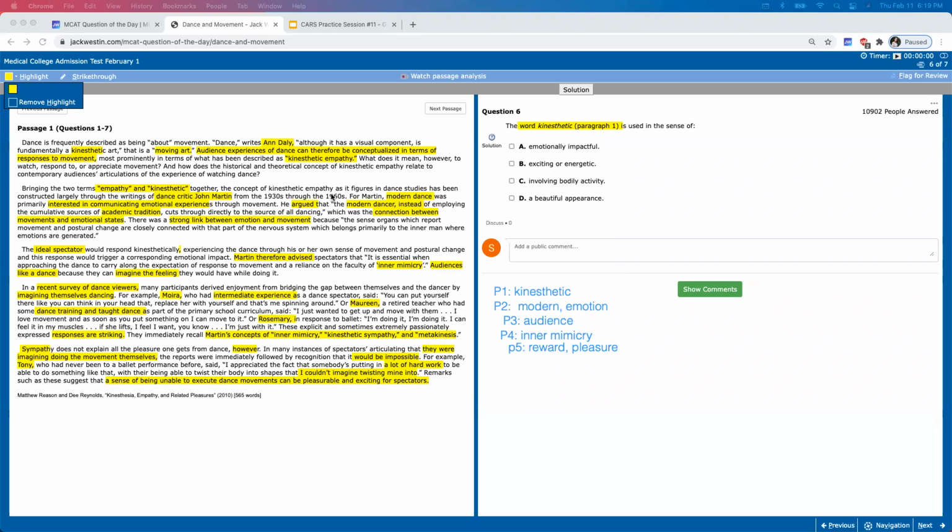So the best answer would be C. Yeah, makes sense. We didn't talk about emotional impact. C is better than B because it's really talking about moving, and we didn't mention beautiful. Okay, number 5.